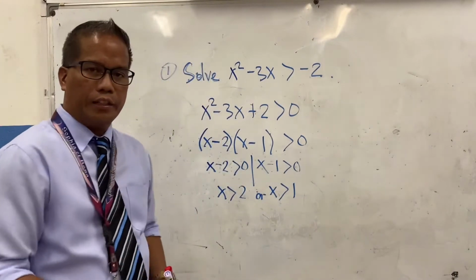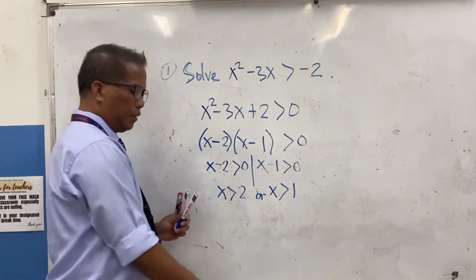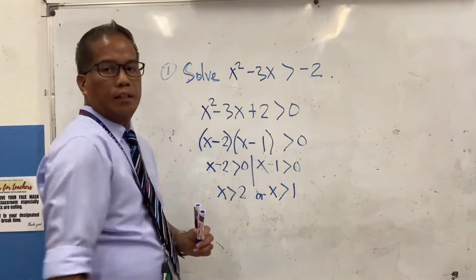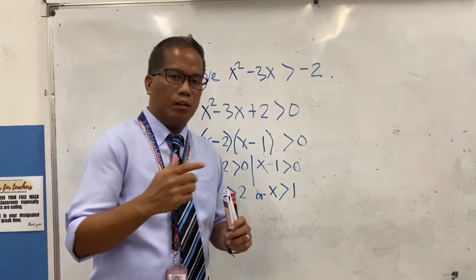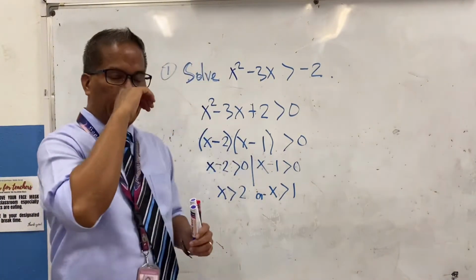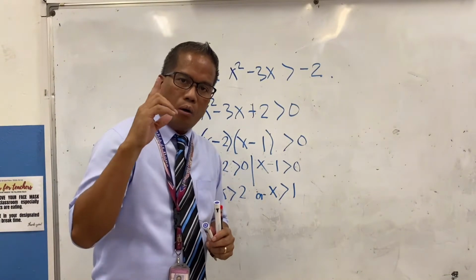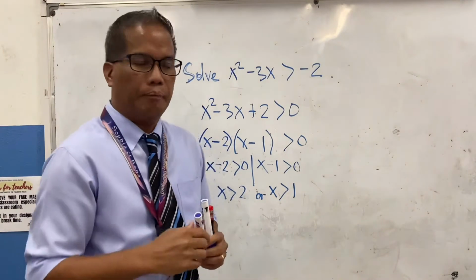So what do you think is the solution? Which of this is the solution of this quadratic inequality? Now, to find out the solution of this quadratic inequality, one of the methods is using the sign graph.